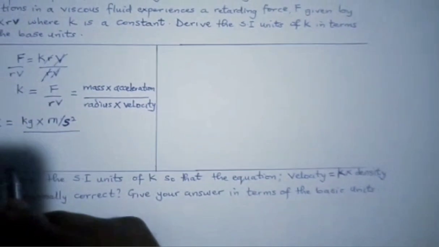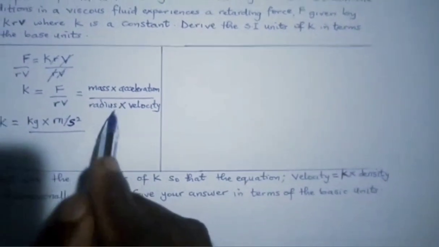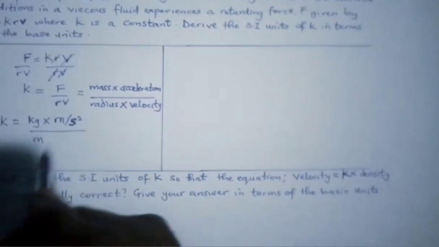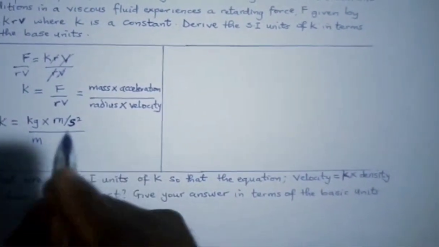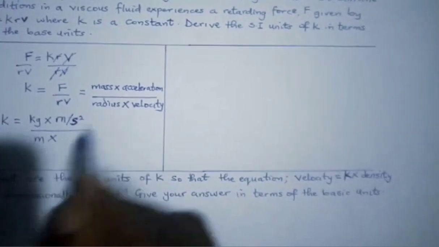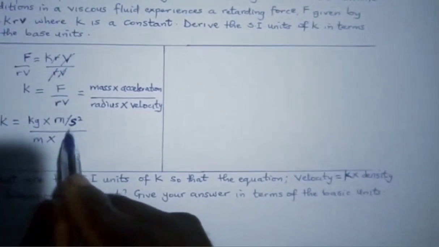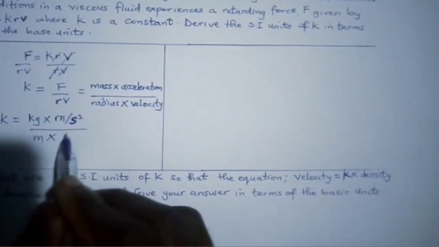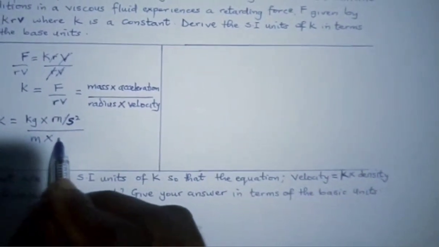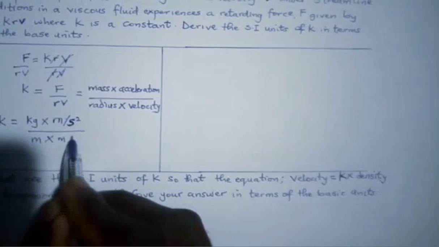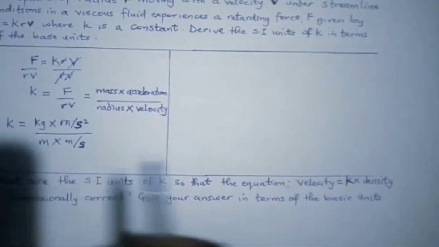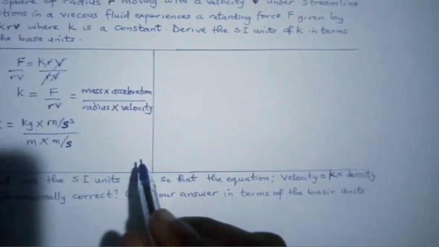So everything over radius, the unit of radius is meter, while velocity is displacement per unit time, and the unit of velocity is simply meter per second.